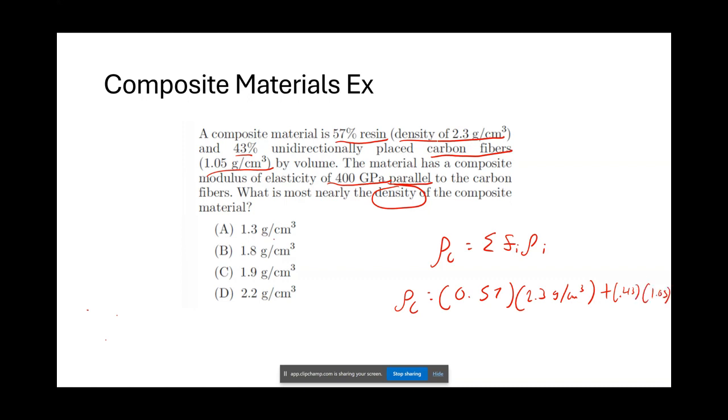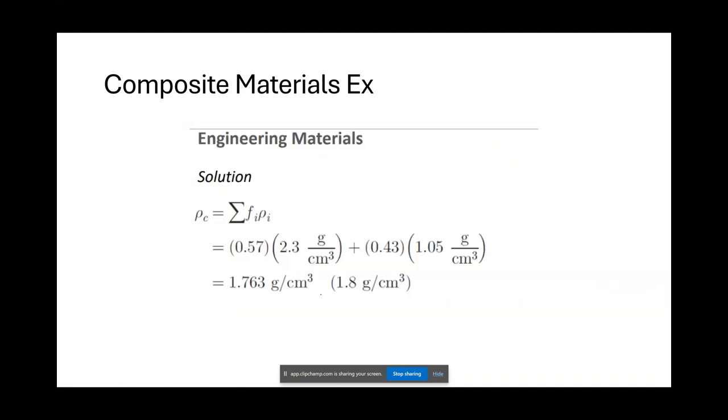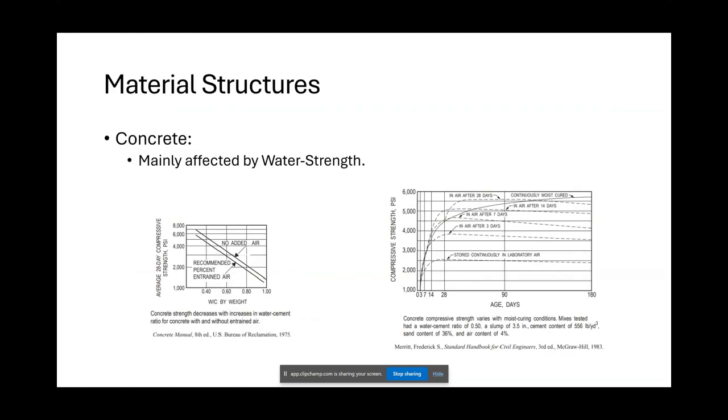One thing to notice is the units of all of these are in grams per centimeter cubed, so we don't actually have to do any converting. You go ahead and do the math and calculate everything up, you should get 1.76 or roughly 1.8. We can go ahead and check our work. Boom, 1.8.